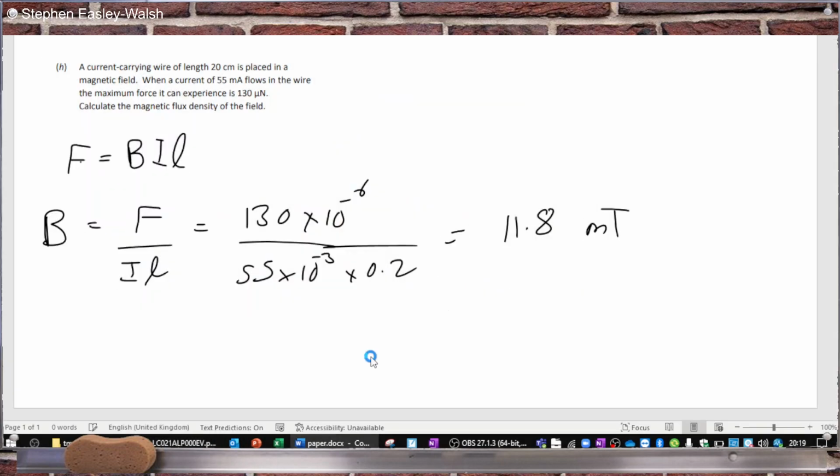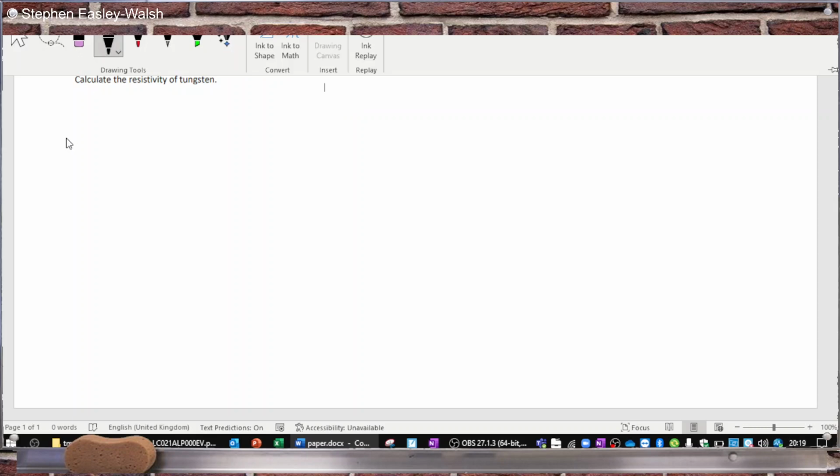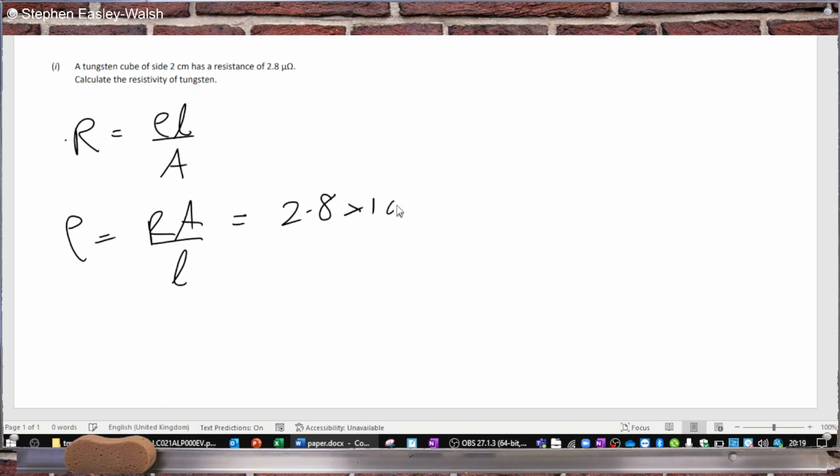All right, next now. What's the resistivity? So the formula is R equals rho L over A. So rho equals RA over L. So that's going to be 2.8 times 10 to the minus 6 times 0.02 squared over, and the length is also 0.02 because it's a cube.